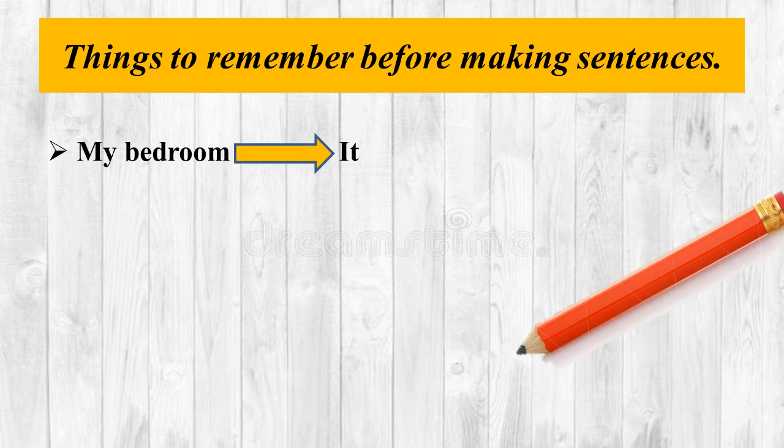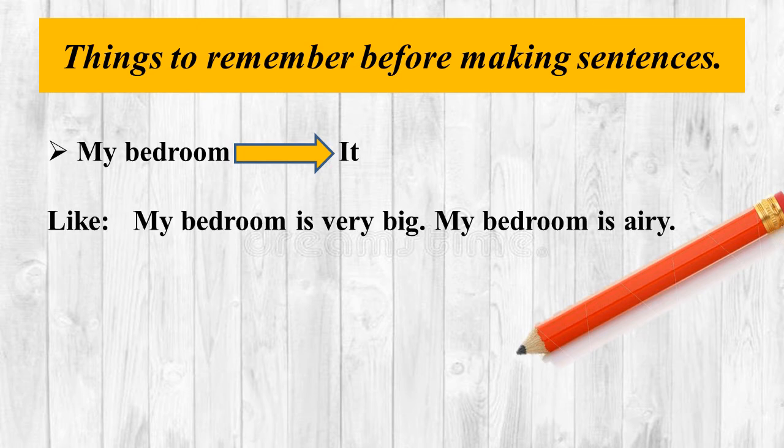When you are writing a paragraph and your topic is my bedroom, you will not repeat the word my bedroom again and again like this. My bedroom is very big, my bedroom is airy, my bedroom is beautiful. No, you will not repeat again and again my bedroom. It doesn't look good. इससे आपकी राइटिंग का इम्प्रेशन अच्छा नहीं होता. बार बार आप एक ही वर्ड लिखते जाएंगे.